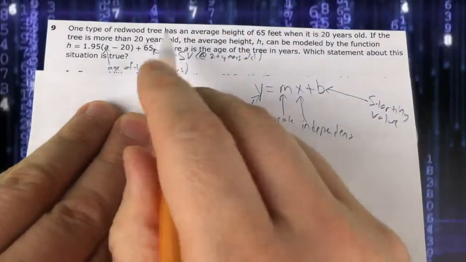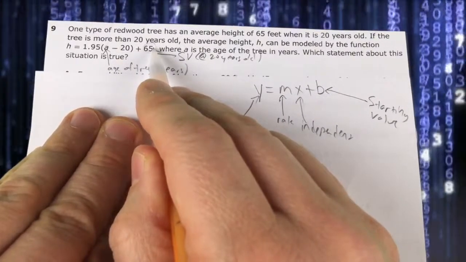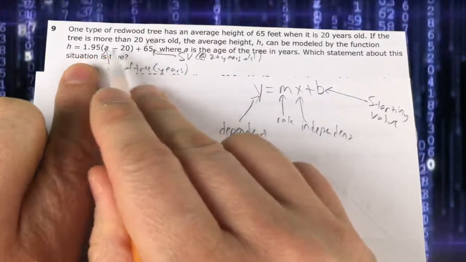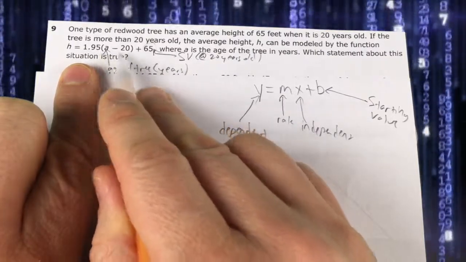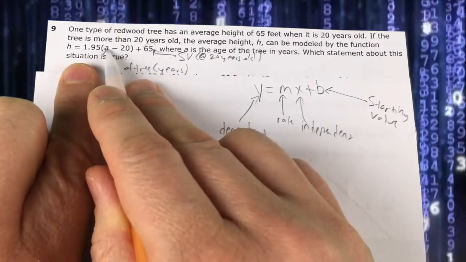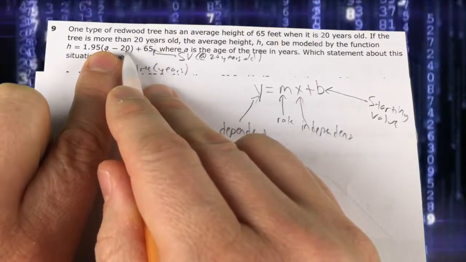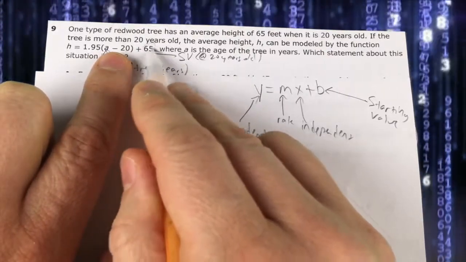So what's going on in the situation? They're starting at 20 years old, and then this is the age of the tree in years. But how come they're taking away 20? Because they're not multiplying the age by 1.95. They're multiplying the current age, but they're taking away the first 20 years, because the first 20 years' height is already accounted for right here.